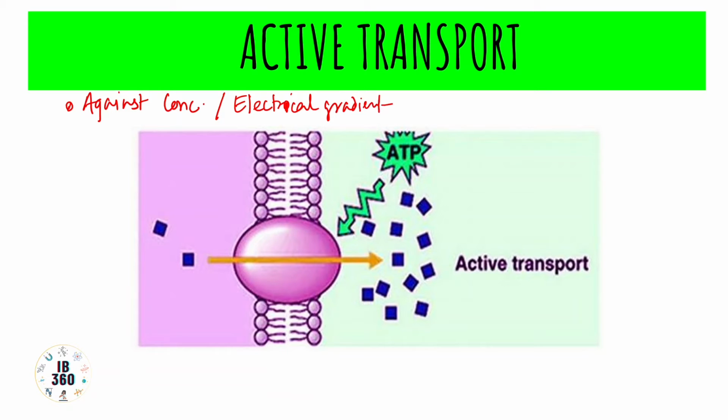So there must be some kind of a gradient opposing which the movement is taking place. It can be a chemical gradient, it can be an electrical gradient, and that is why energy is required for the process, because this is occurring against the usual flow, against the spontaneity, and this energy is obtained from ATP.